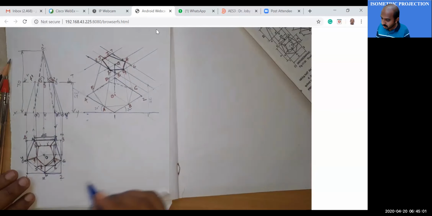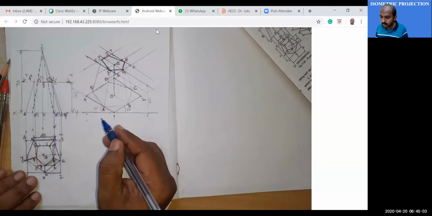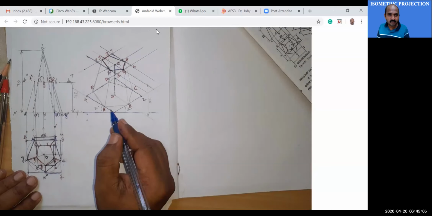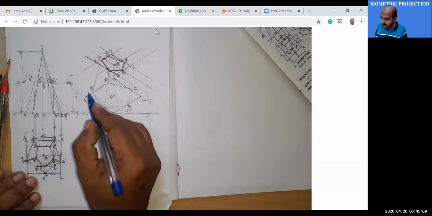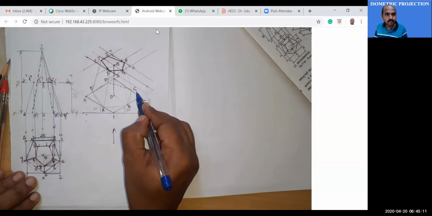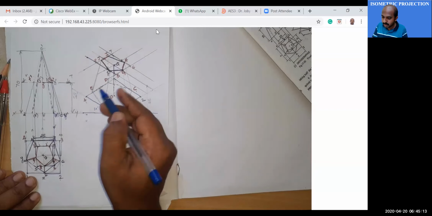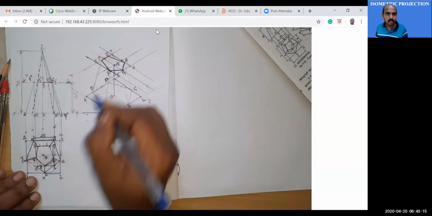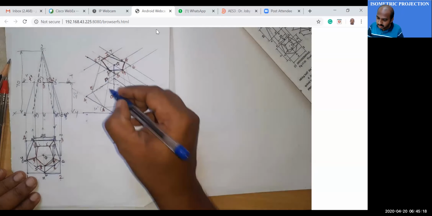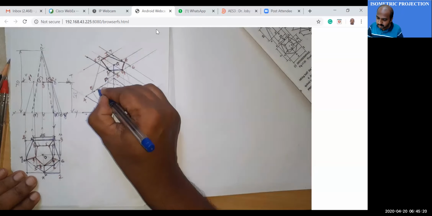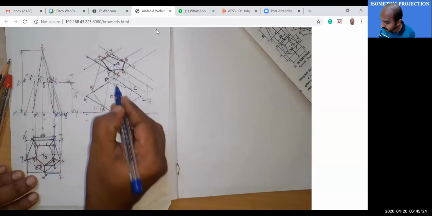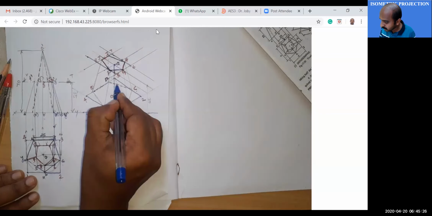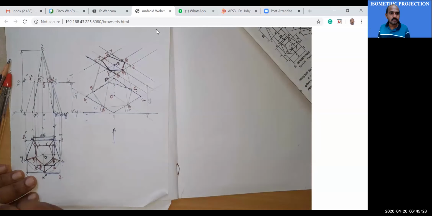Now we think about the hidden points on the bottom. When you are looking from here, you can see A, B, C. The only hidden point is D. D to C is hidden, D to E is hidden.